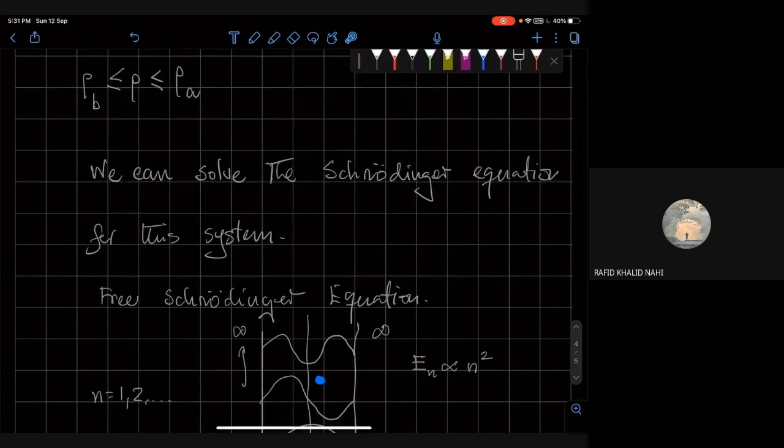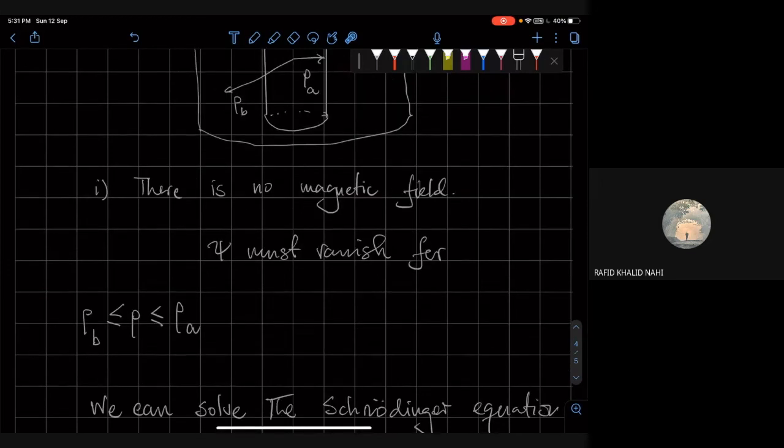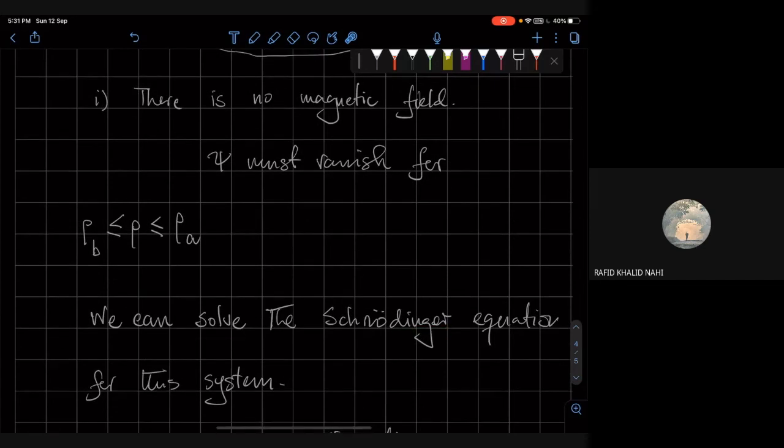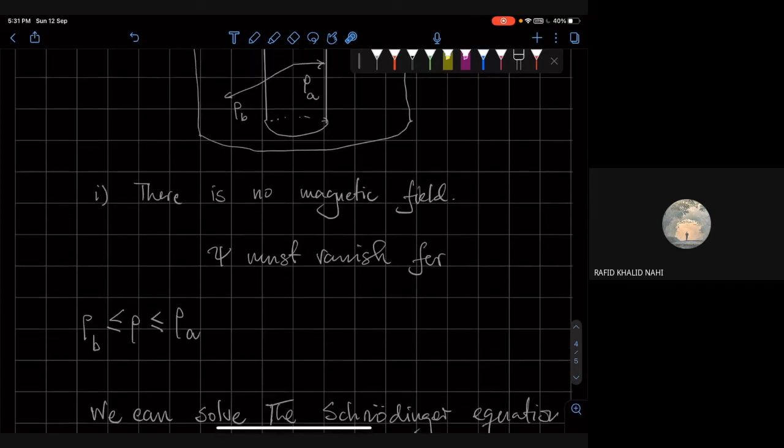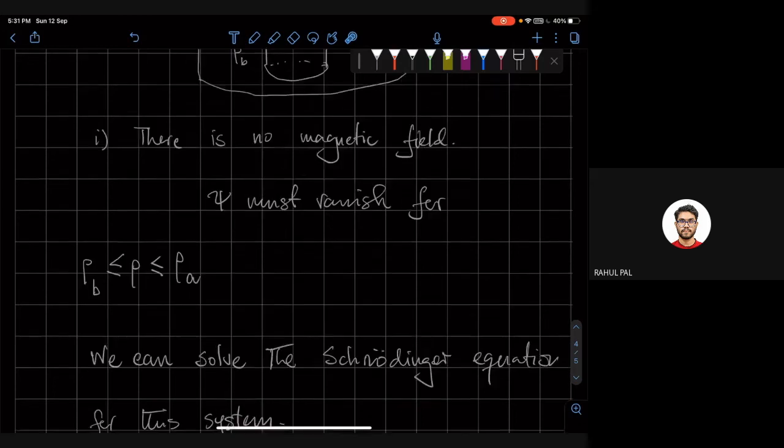So we are doing the same thing here, but in higher dimension. And therefore, we can solve the Schrodinger equation, and it'll give me some discrete spectrum of energy eigenvalues. Does that make the analogy a bit clearer? Yes, sir. Okay, so this is situation 1.